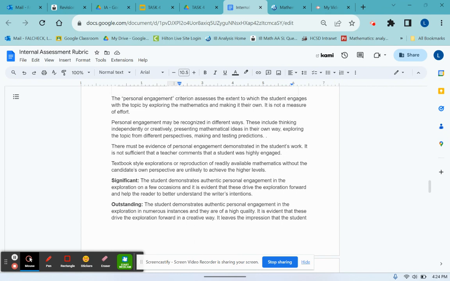That shows significant engagement. You are really engaged in the math here. You know how to make changes to make your experiment better, and you documented it along the way. Outstanding personal engagement is authentic personal engagement in the exploration in numerous instances of high quality.